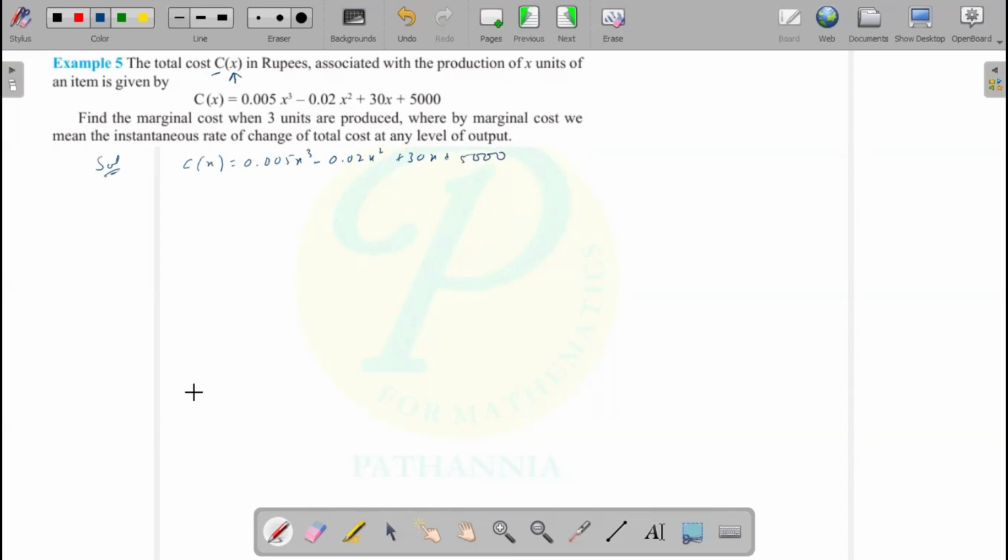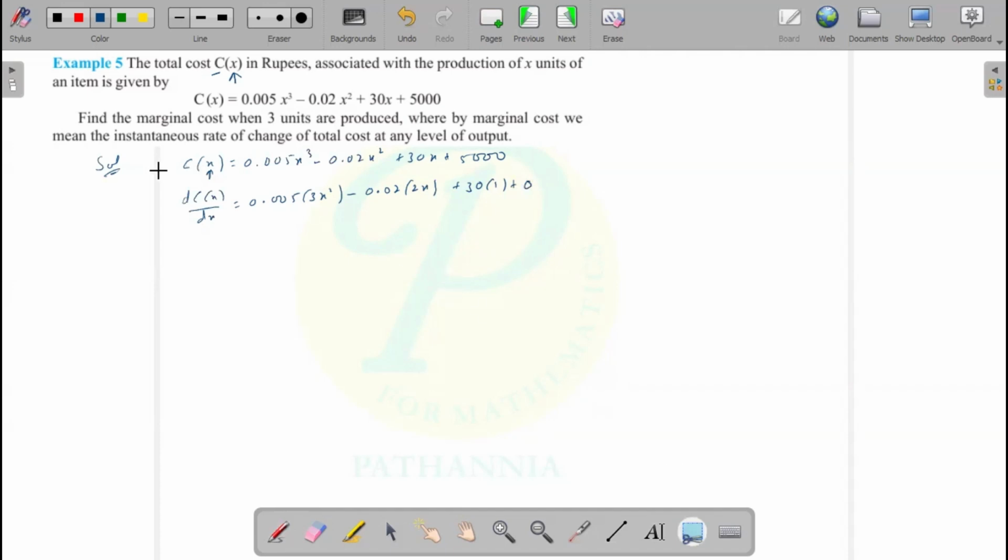He asks to find the marginal cost. Marginal cost will depend on the product. The more products are sold, the more the cost of producing them. So therefore this whole differentiation is with respect to x. It is 3x square. The differentiation of x square is 2x and the differentiation of x is 1, the constant is 0.